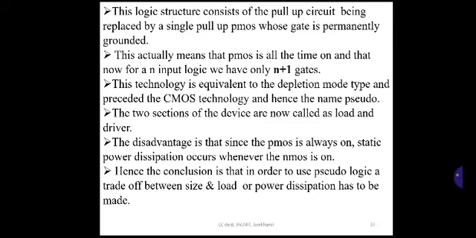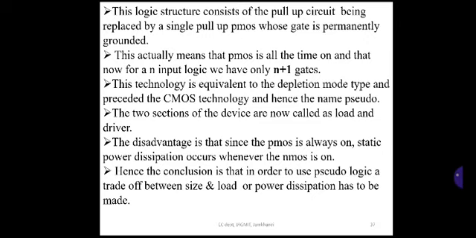This technology is equivalent to the depletion mode type and preceded the CMOS technology, and hence the name pseudo. This type of NMOS logic gets the name pseudo because this technology is equivalent to the depletion mode type NMOS, which we have discussed. So this is the same as that one.